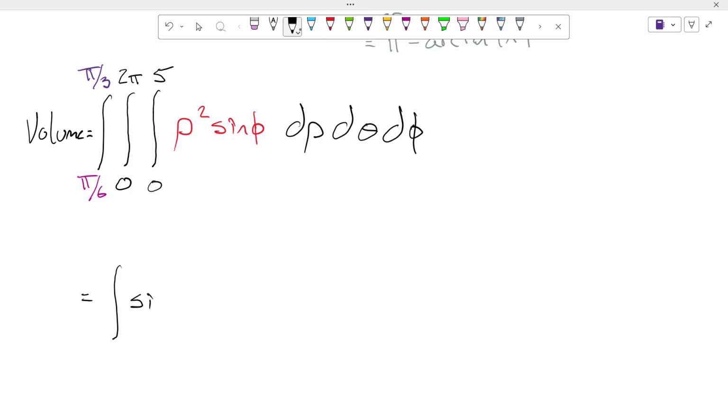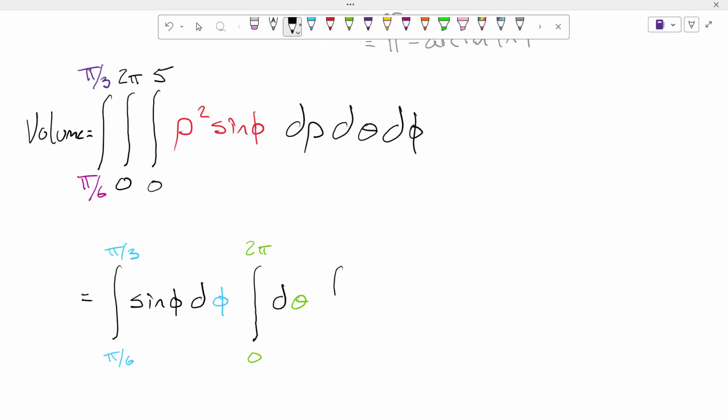So I'll have one integral that's sine phi d phi from pi over 6 to pi over 3. I can multiply that into another integral that is just d theta from 0 to 2 pi.